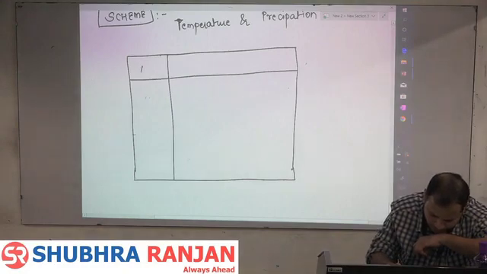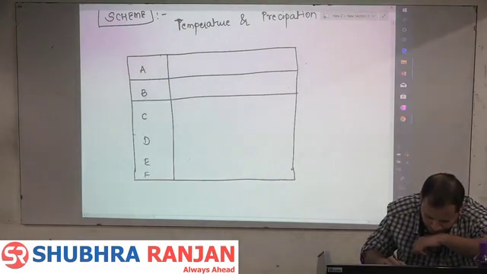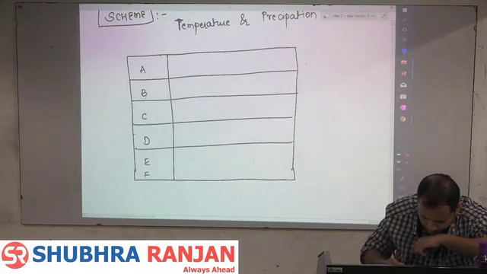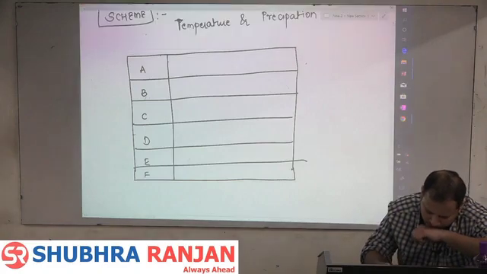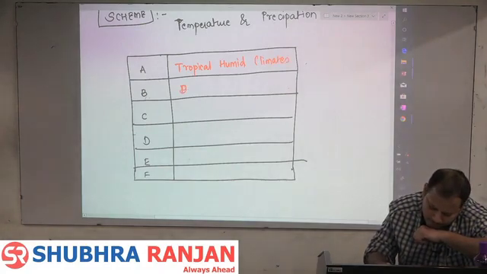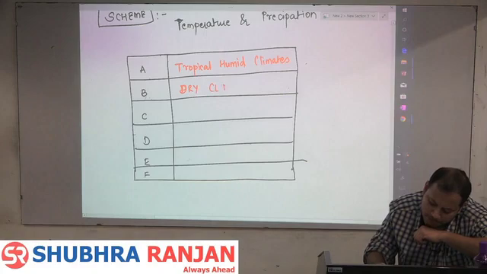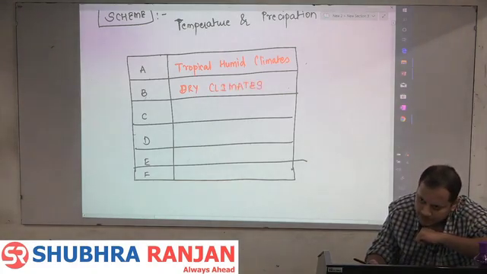As shown below. What was B in Thornthwaite? Was it dry? No. यहाँ पे क्या है? Dry.